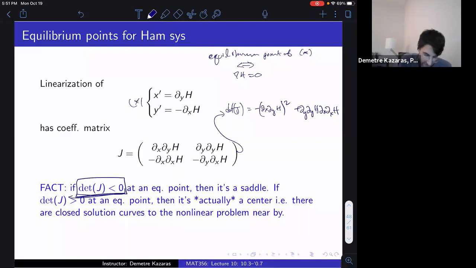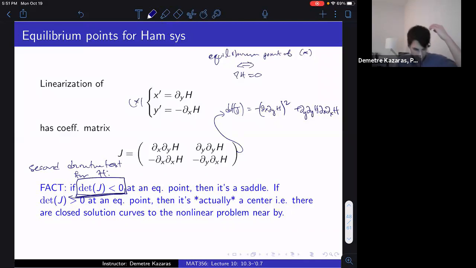There's a second derivative test for h that will let us conclude the following fact. If the determinant of J is negative, that only happens when it is a saddle point. You take the determinant of this and you get negative, that's a saddle point.